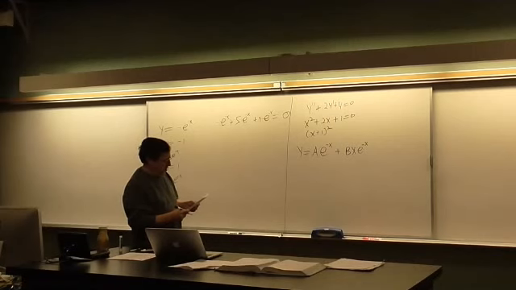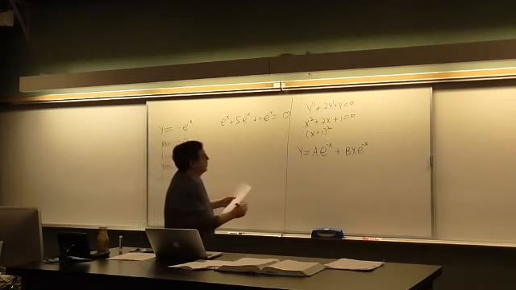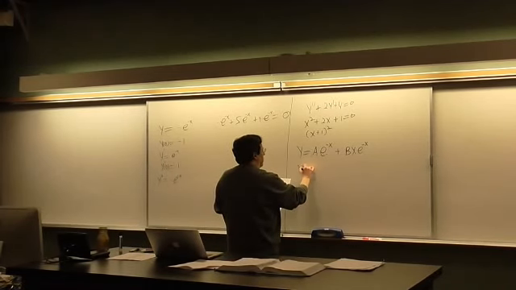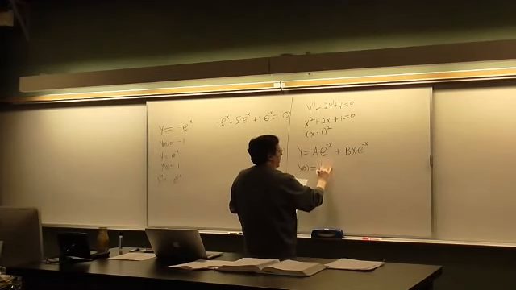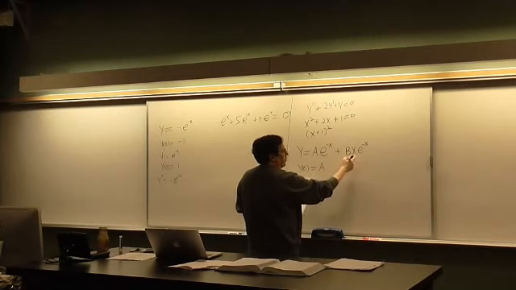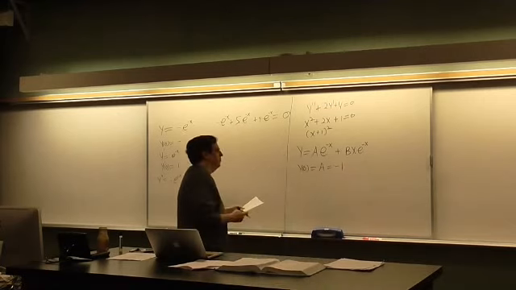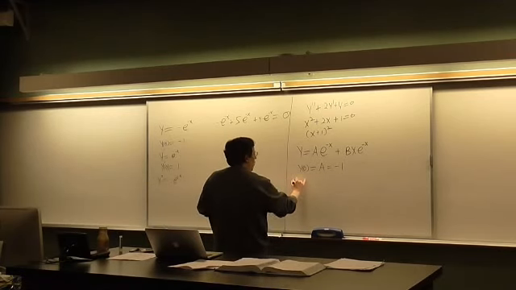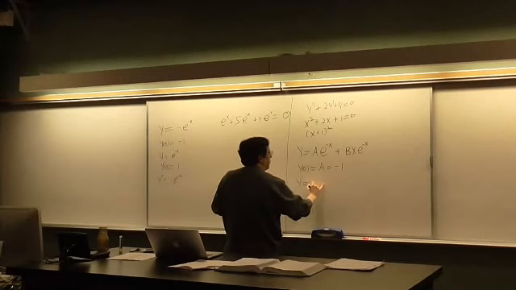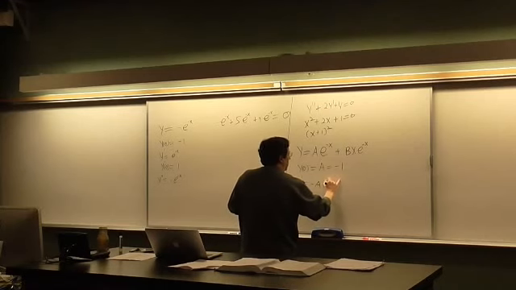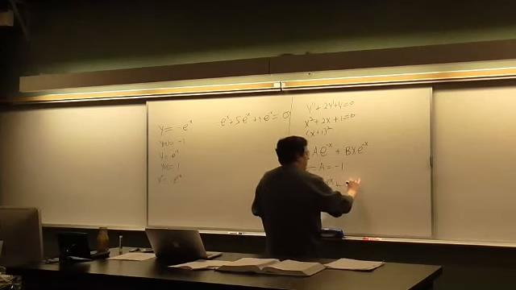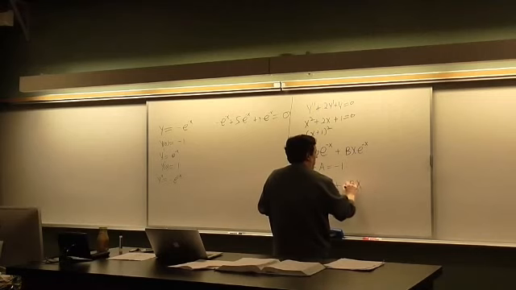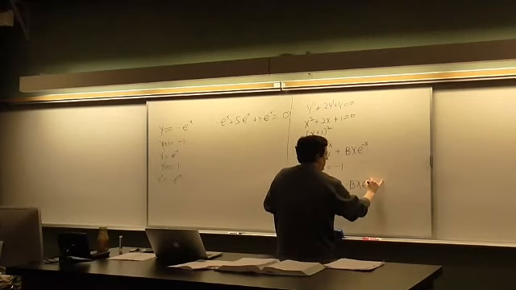Now we have to check these initial conditions. So y(0) equals a plus, this goes away, is minus 1. So we have a already. And then y prime equals negative a e to the minus x plus b, negative e to the minus x.